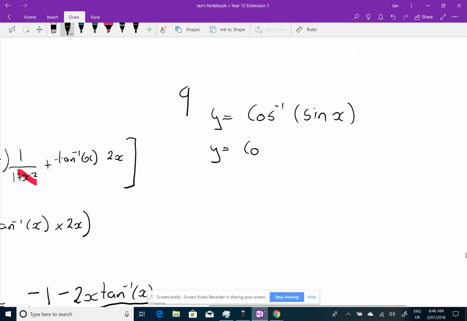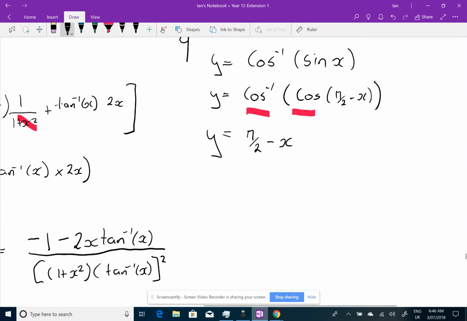So I go cos to the minus 1, and that's cos of pi on 2 minus x. And that gives me y equals, well, this will undo this. So I'll be left with pi on 2 minus x. Now, if I differentiate that, I'm going to get minus 1. And you think to yourself, sweet, I'm done.